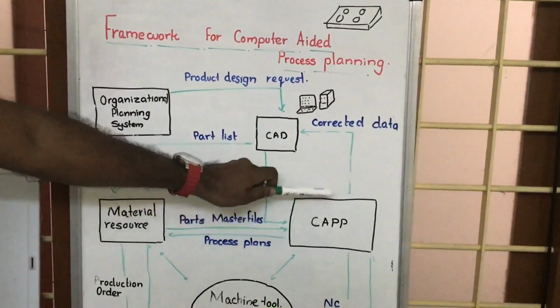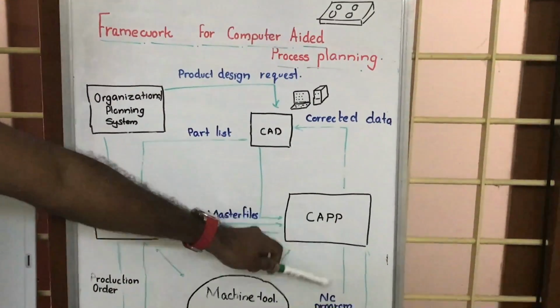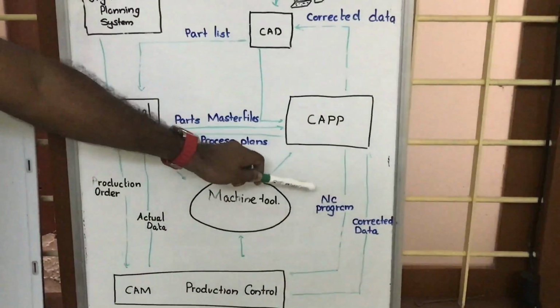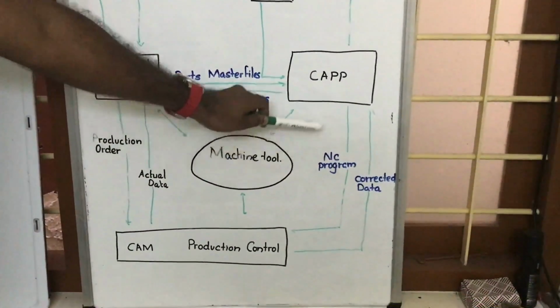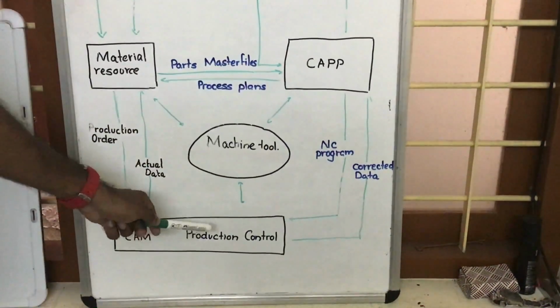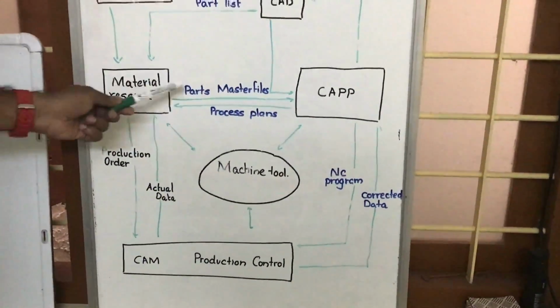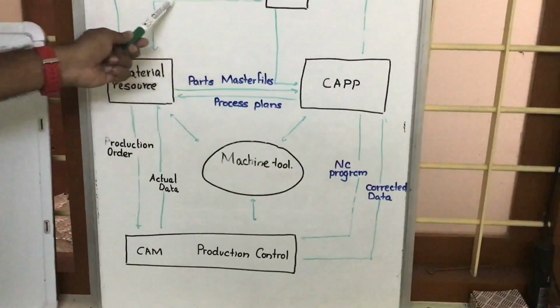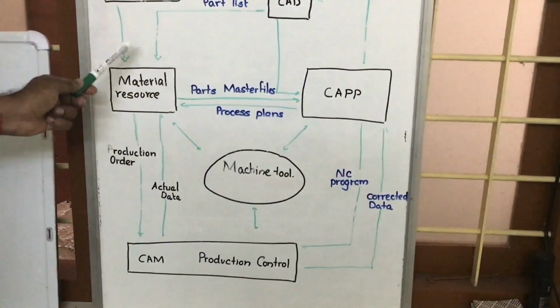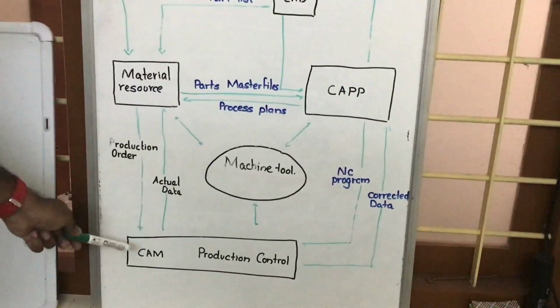The process will be converted into different programs through a numerical control program for cutting, drilling and finishing. That numerical control program is supplied to the production control, which consists of a CAM. The material resource also plans from the parts list given by the CAD how much material we need, and it is also given to the production control.